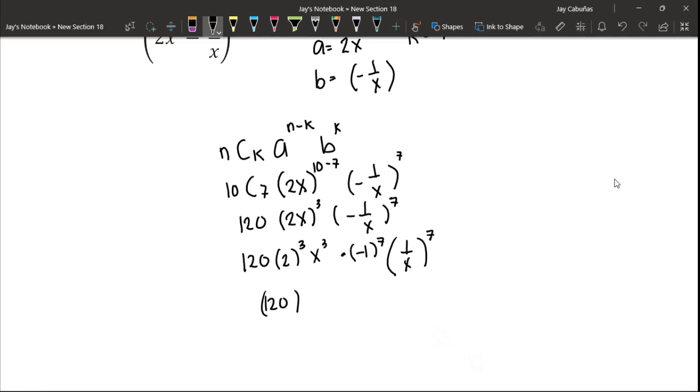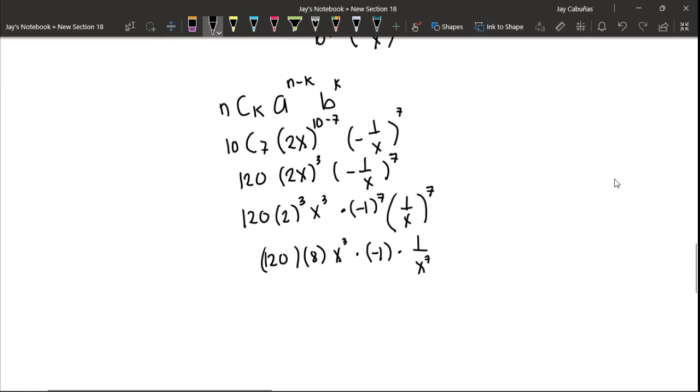correct? x cubed times negative 1 raised to the 7th power, of course, that would give us negative 1. Then times 1 over x to the 7th power. So we have 120 times 8, that is equal to 960 times negative 1.